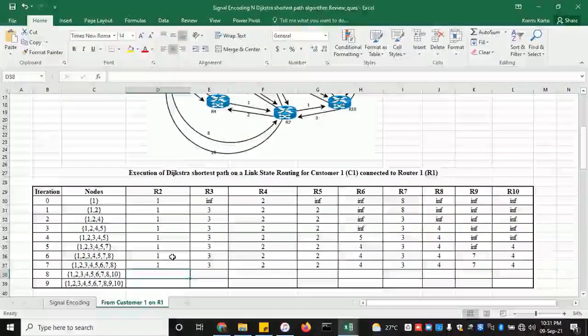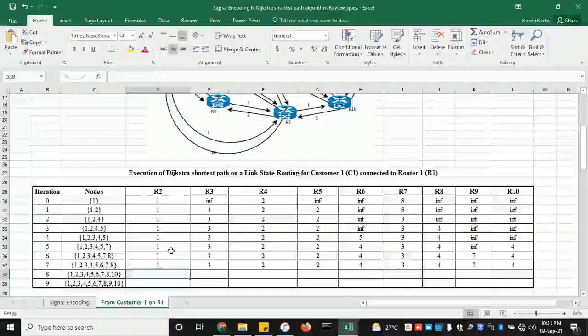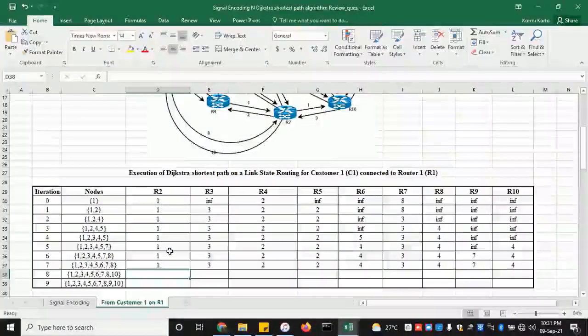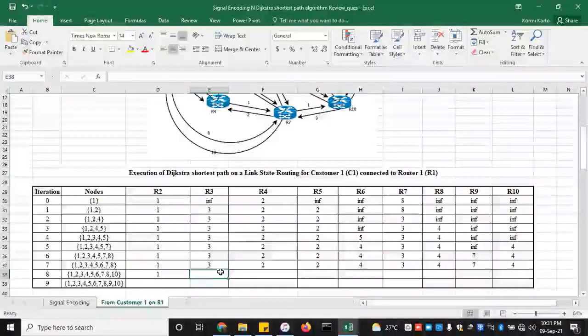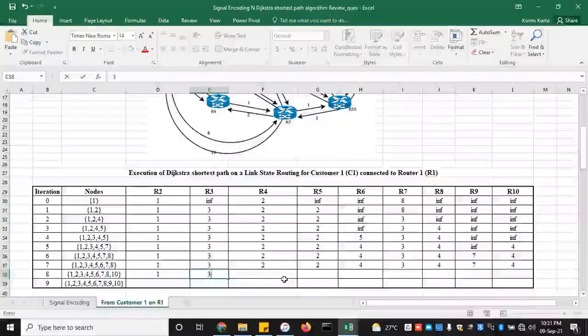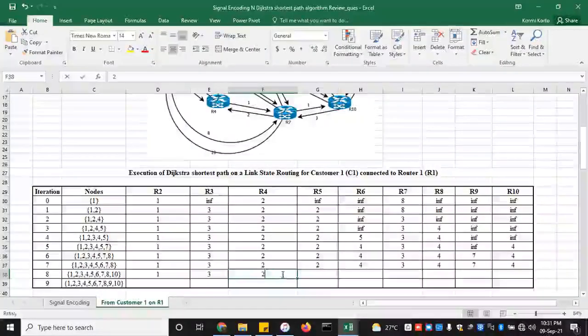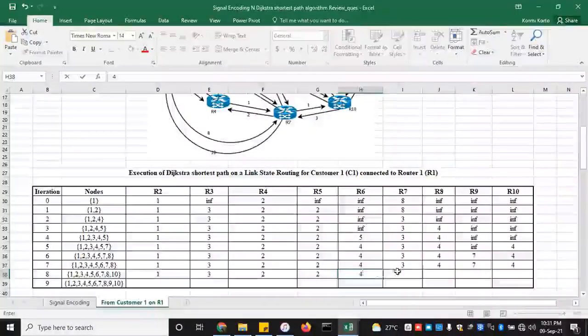Last but one iteration, you actually have 9 nodes to work with. For R2 it will still be 1, R3 will still be 3, R4 will still be 2, 5 will still be 2, 6 will still be 4, 3, 4, 7 as well, and 4.